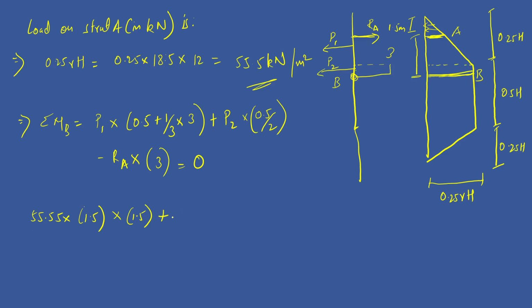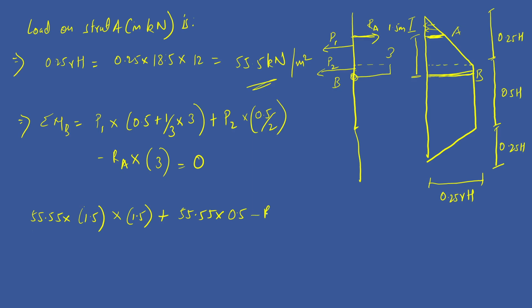P2 is a rectangular portion, 55.55 into 0.5, that is the total height. And you have already written the moment 0.5 by 2 on the top, so you can copy it once again. This is the value of P2, what you have written till now.